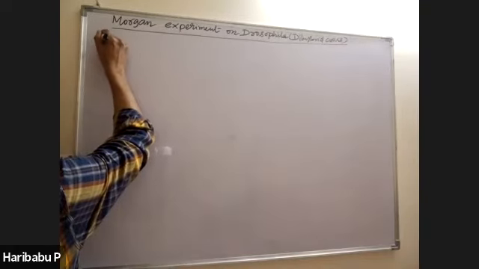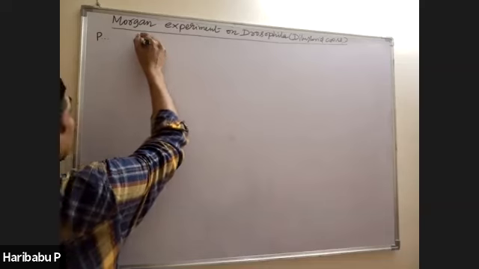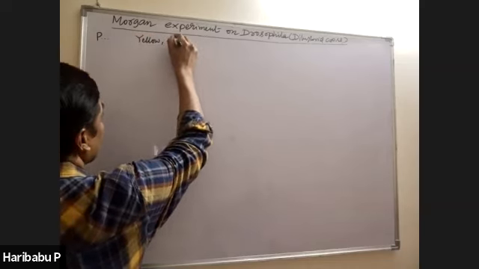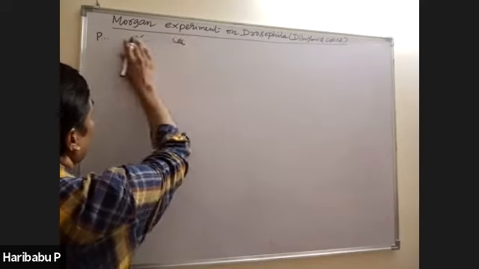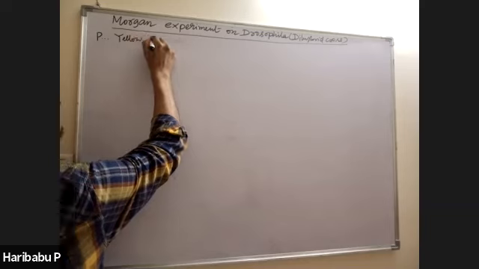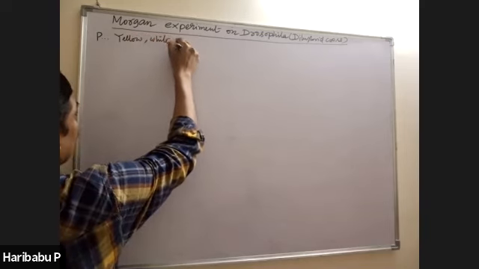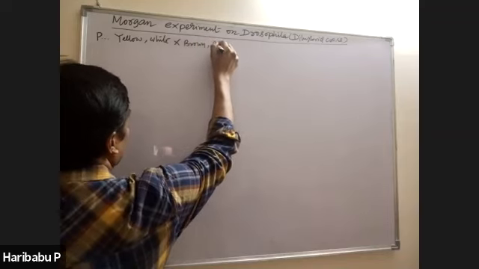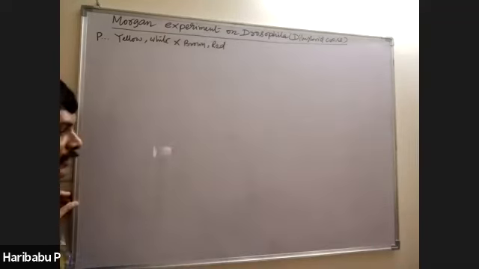He has taken the parents as yellow, white, brown, red. Two characters.